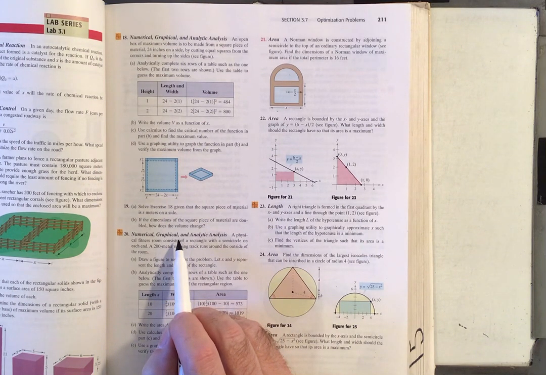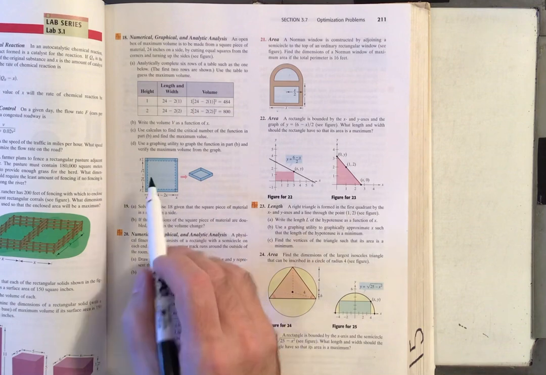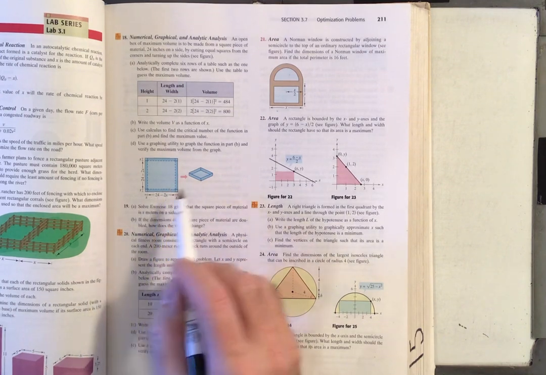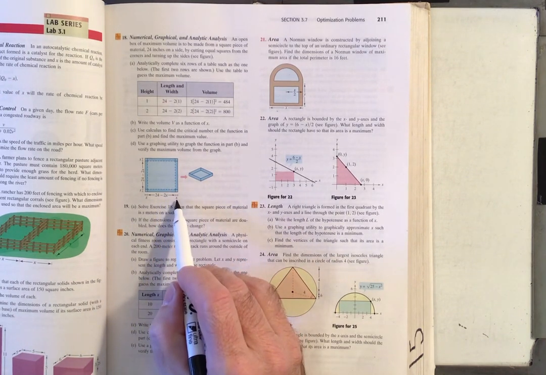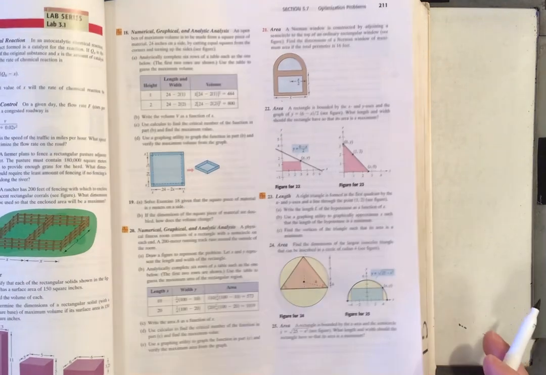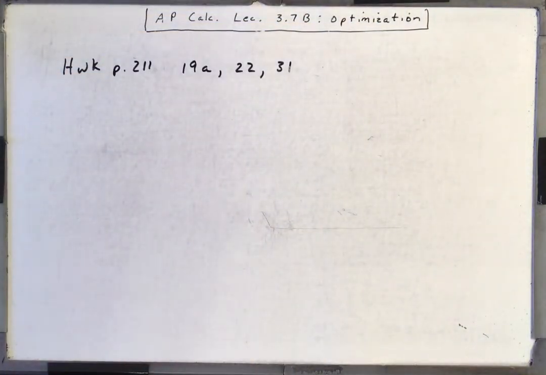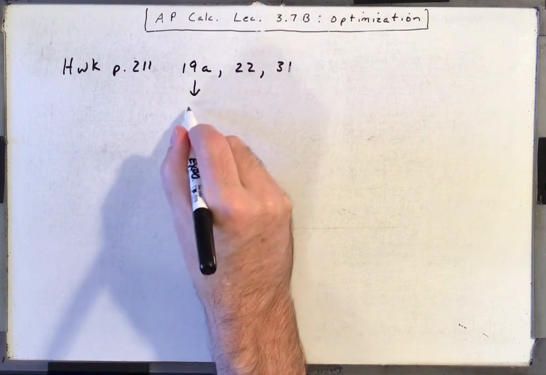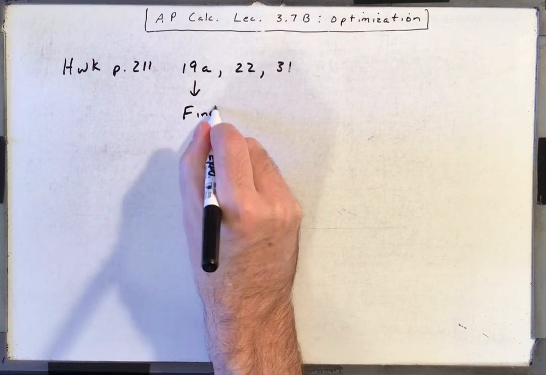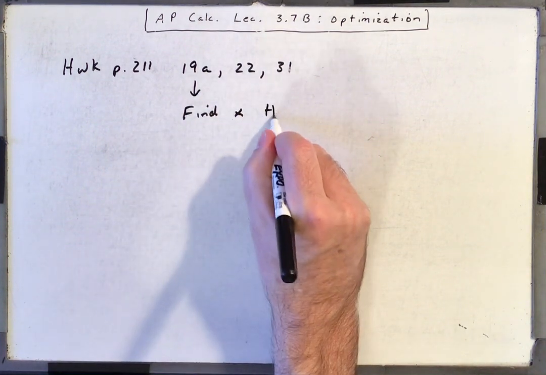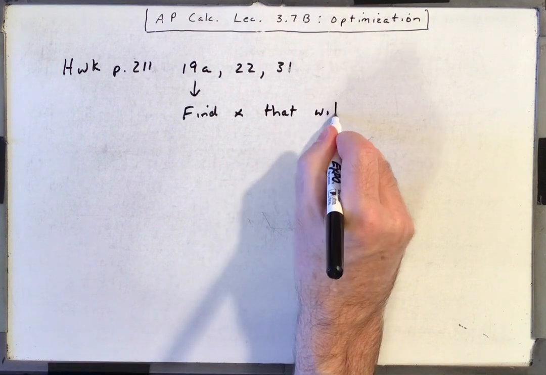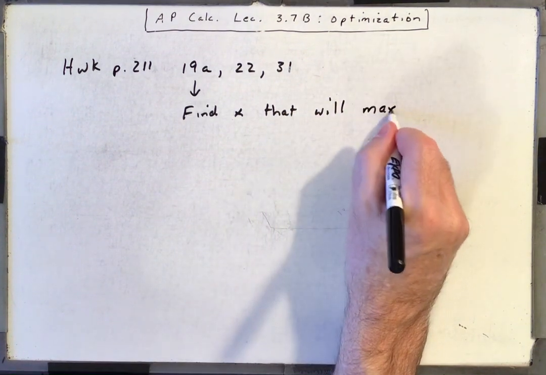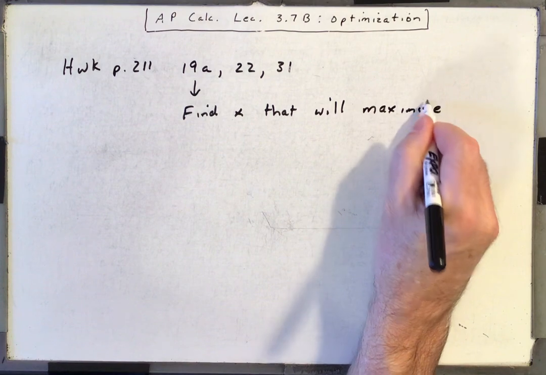All I want you to do is find the length of x that will maximize volume. So for 19A, just like we did, find x that will maximize volume.